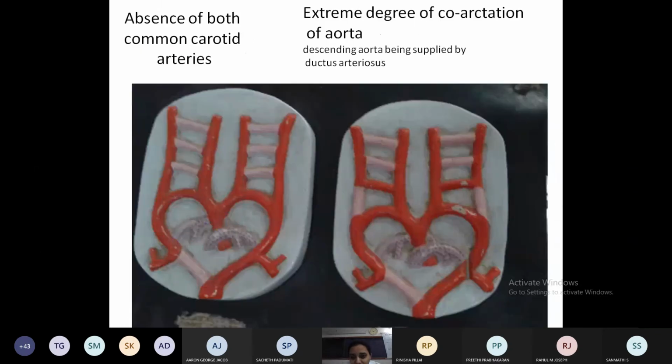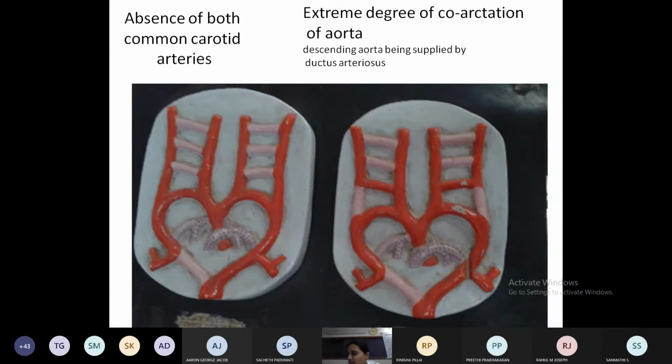So that is about the aortic arches. Any doubt in this? You may find it a little confusing. You have to practice the diagram repeatedly, then you understand. You don't understand it the first time when you read. Just reading won't help. You have to practice the diagrams, then you will not forget.